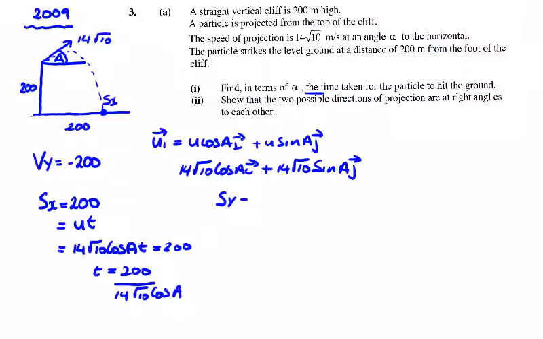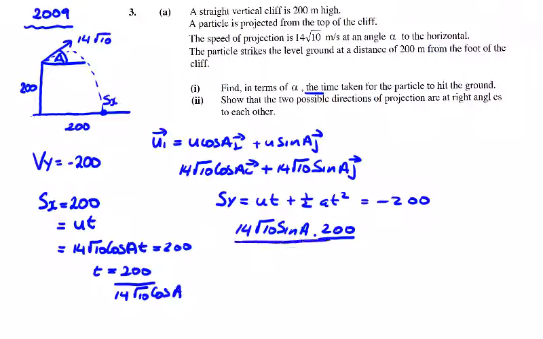So S of y is equal to ut plus a half at squared, which is equal to minus 200, and we have minus g. So 14 root 10 sine alpha times 200 over 14 root 10 cos alpha.